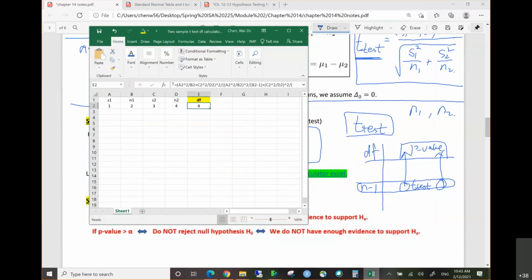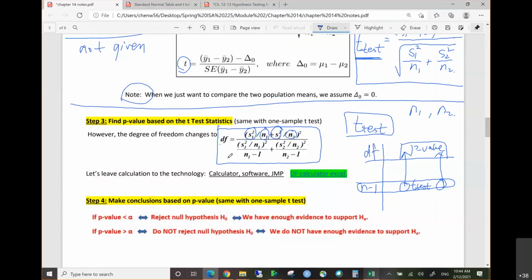It's just a long function that I can write. So you just enter these values and you should be able to know this degree of freedom. Is that good? You don't need to calculate this big formula. Even though you have this big formula, I just don't want you to waste your time on this.